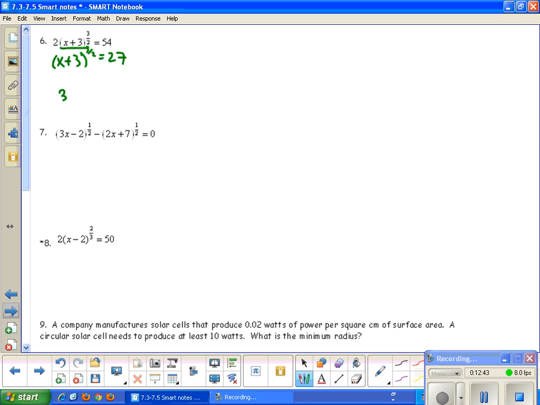So if I have 3/2, what times 3/2 would be equal to a value of 1? Well, I know that 2/3 times 3/2 equals 1. So notice that all I did was flip it. So in this case, when this happens and you have these exponents, you can take both sides to the reciprocal of that power. I'm going to rewrite this over here so I can write it larger.